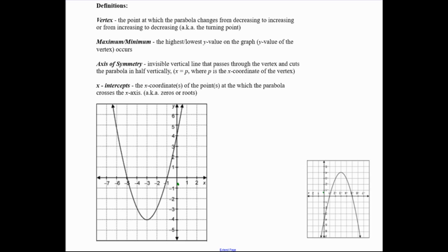First thing we have is the vertex. The vertex is the point at which the parabola changes from decreasing to increasing, or from increasing to decreasing, also known as the turning point. Or maybe you want to call it the peak, or the bottom.